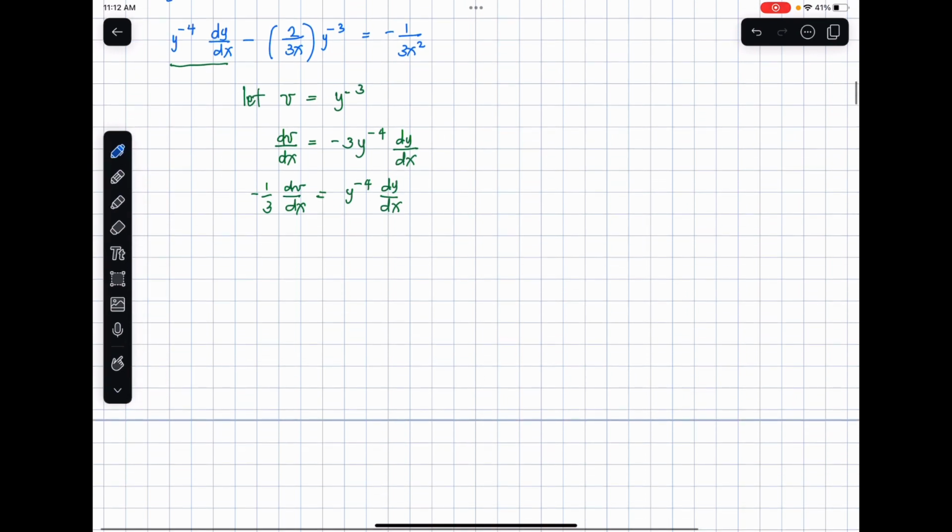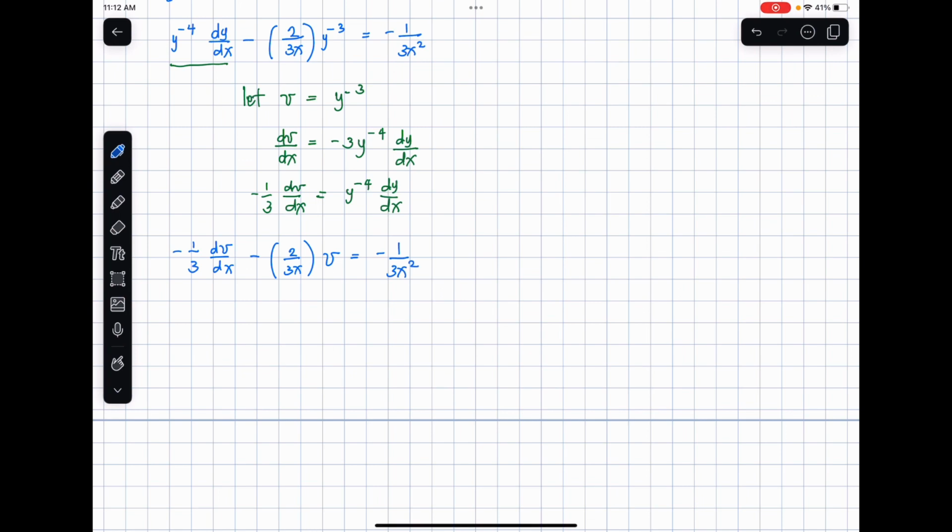Substituting, we have negative 1/3 dv over dx, then minus 2 over 3x. We transform the y raised to negative 3 into v, and it is equal to negative 1 over 3x squared.